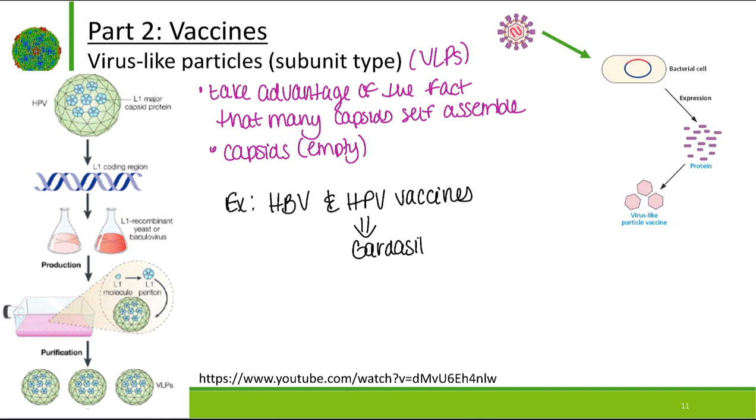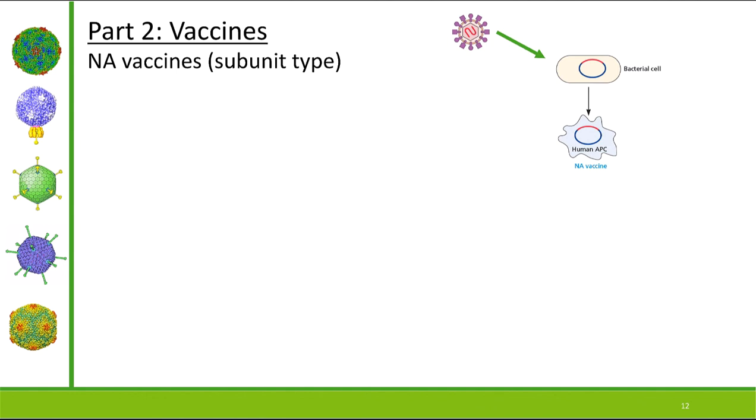All right, so moving on, we are going to talk about nucleic acid vaccines. And oftentimes people refer to these or group them into the subunit types because the nucleic acid, of course, is a part of the typical virion. And so they say that this is a variant of the subunit protein approach.